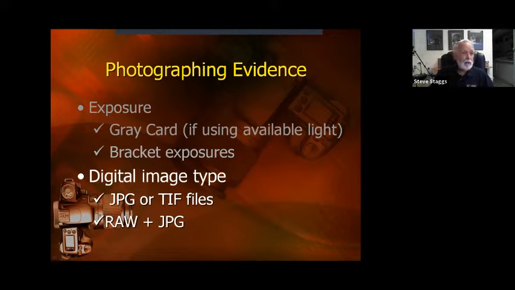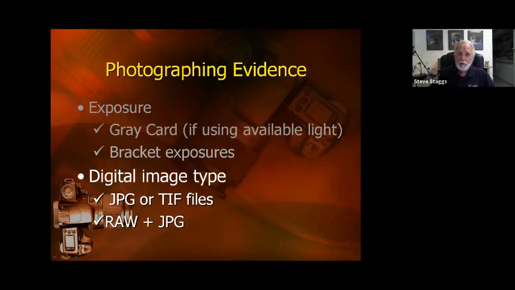And then the next thing I want to talk about is the digital image type. When you start with a raw file as your image that you captured, now you have all sorts of controls for image processing, post-processing. And we need to have that ability with our evidence photographs.